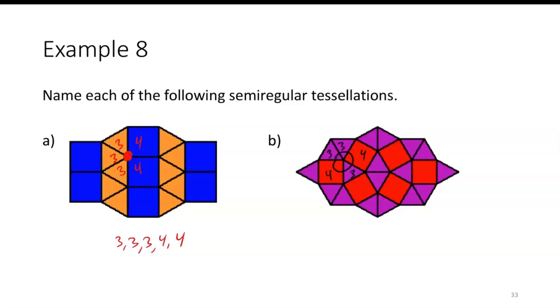So I know I'd want to start with 3, but if I go 3, 3, 3 would be the smallest. And then from there, follow the order: 4, 3, 4. So this would be a 3, 3, 4, 3, 4 semiregular tessellation.